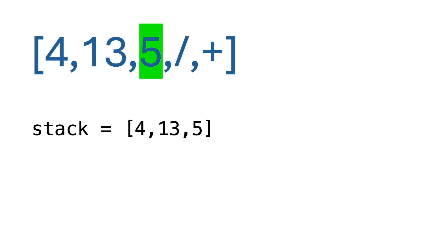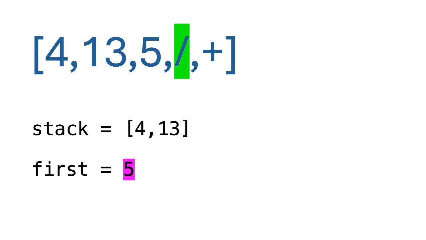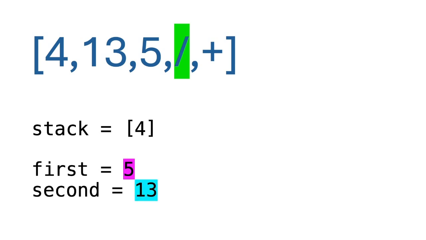Now we will iterate to the next element, which is a division operator. Once we reach an operator, we will pop from the stack. In our stack, 5 was inserted last, so 5 will be popped out first. We will assign 5 to the variable first. We will pop the next element, which is 13, out of the stack and assign it to the variable second.